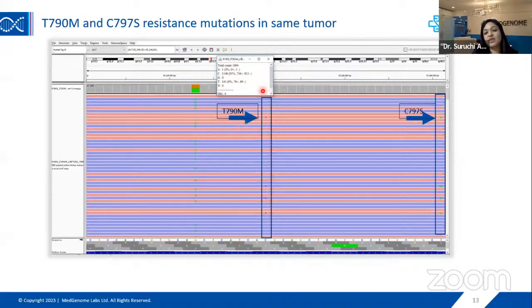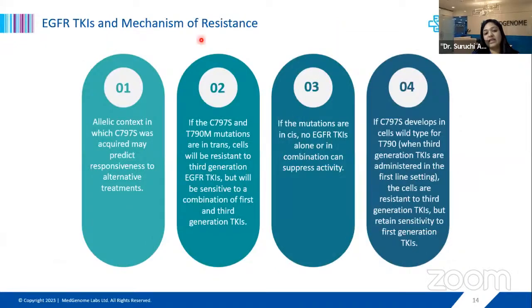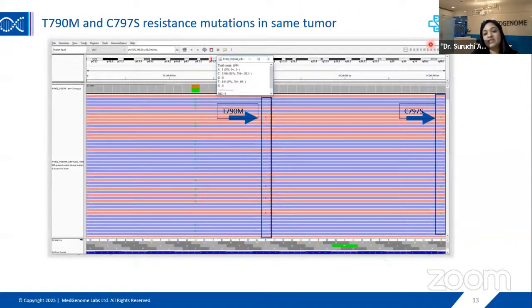So as we know, these are the two resistance mechanisms which can occur concurrently, and they can be either in the cis form or in the trans form. So next generation sequencing based testing can help us understand whether these two mutations, first of all, are present together or not. If they are present together in a single sample, then are they in cis or in trans form? So the NGS report will have this information.